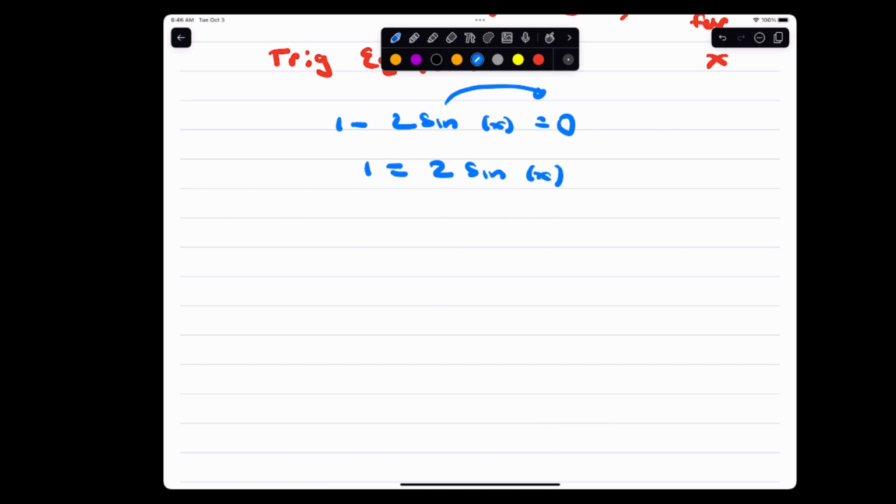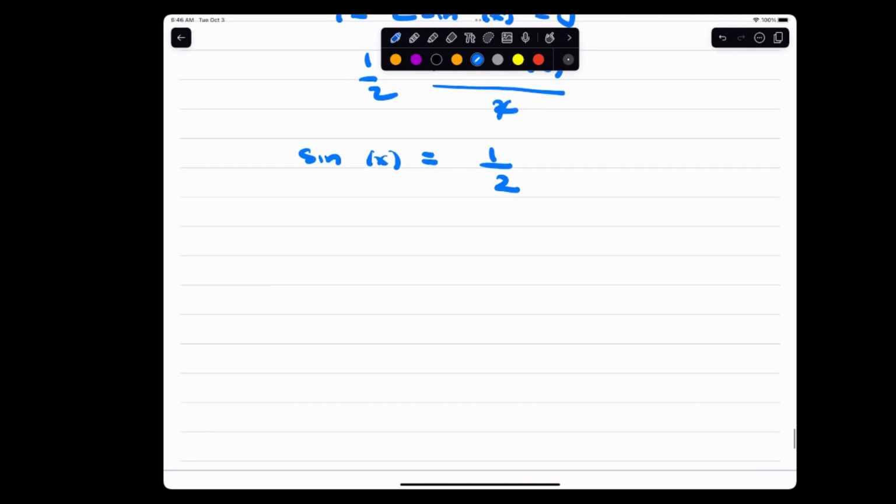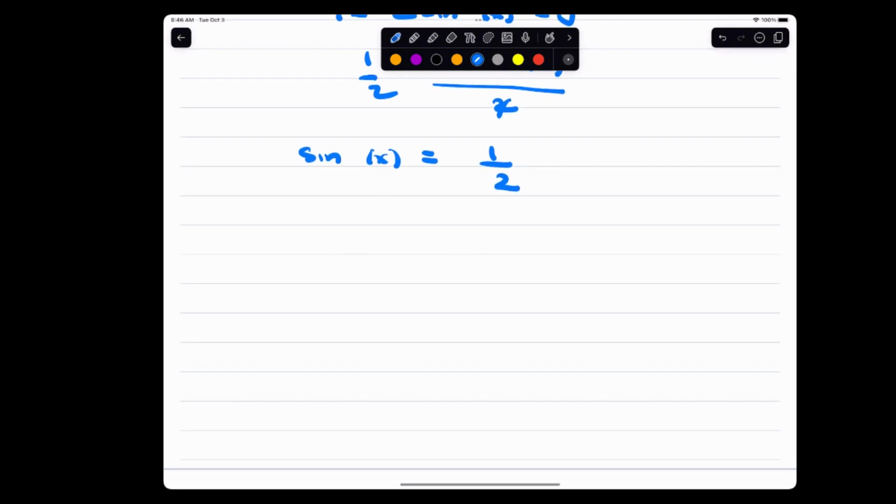Okay, so ladies and gentlemen, now divide both sides by 2. Do you guys remember that? And what do you get? Sine x equals 1/2. The question is, what is x? Do you remember how to do that?